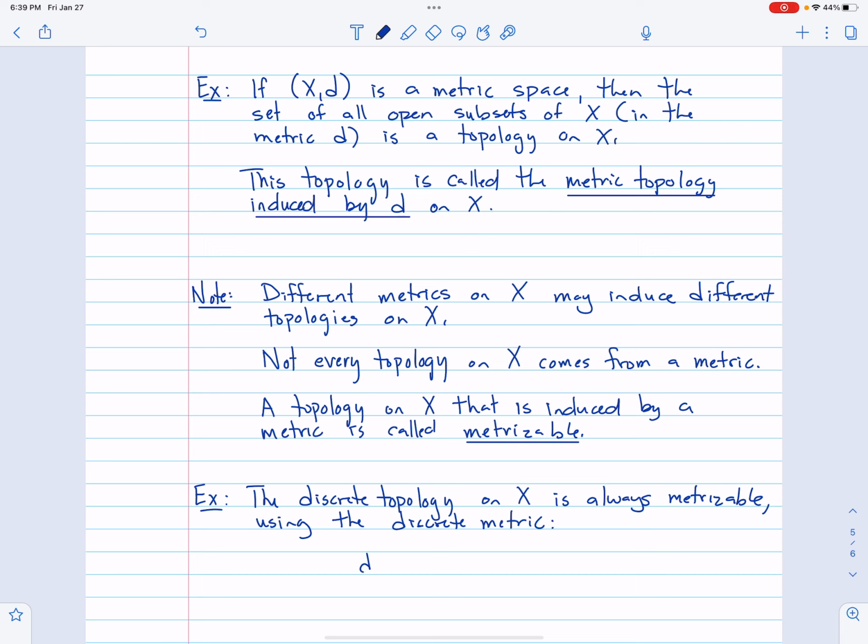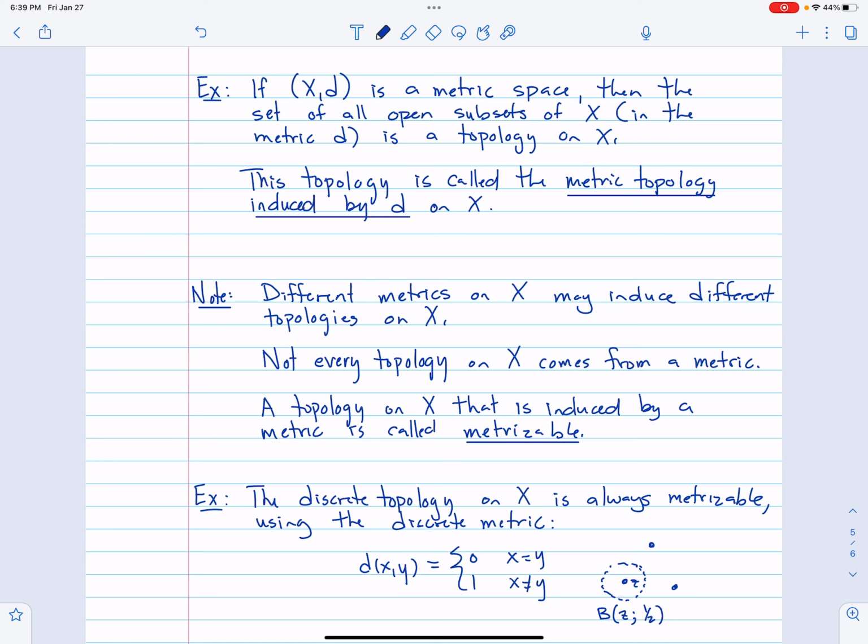Remember, the discrete metric says that the distance between points X and Y is equal to 0 if X equals Y, and it's equal to 1 if X is not equal to Y. So all points are distance 1 apart. If you form a little open ball of radius 1/2 around any point Z, the only point in that open ball is going to be the point Z itself.